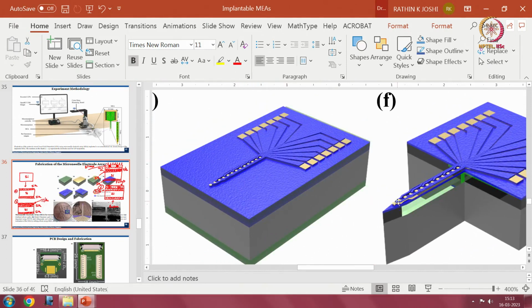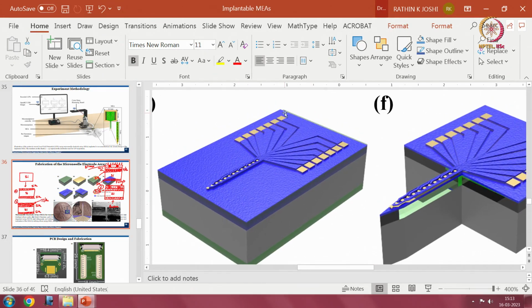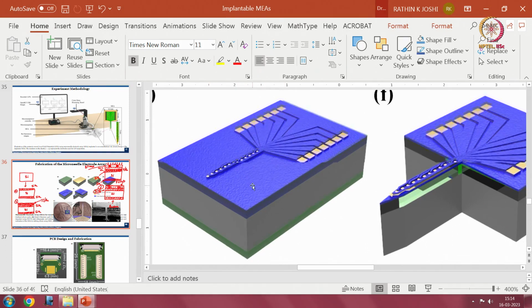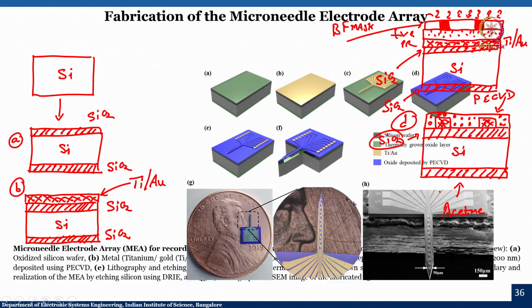What you can see is that the oxide from the recording electrodes and the contact electrodes, you can see my pen moving. These are the contact pads, and these dots are the recording electrodes. You can see that the blue color is gone from there. That is because we have performed a photolithography technique to remove the oxide only from those electrodes, contact electrodes and recording electrodes.